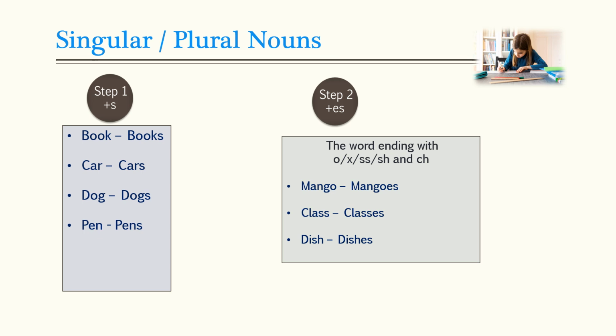We can change a singular noun to a plural noun by using 4 steps. Step 1. By adding s to the end of the singular noun.